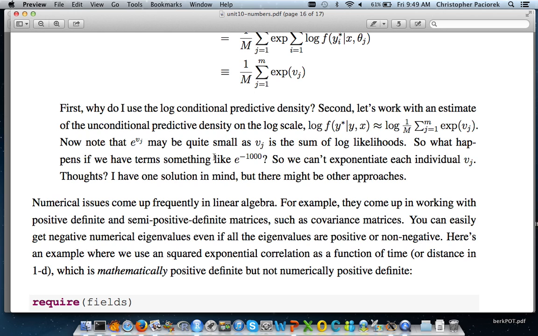Computing instead the log of this quantity is perfectly fine if you can figure out a way to do that.